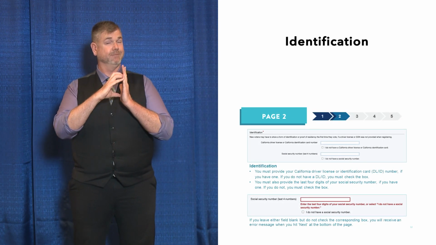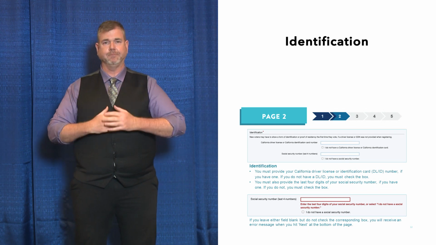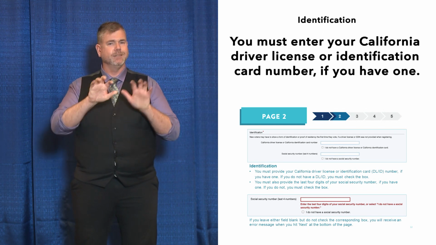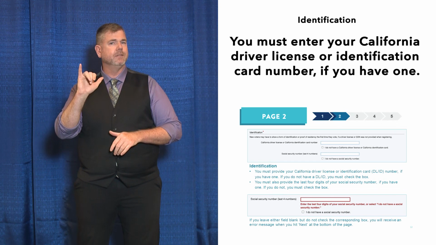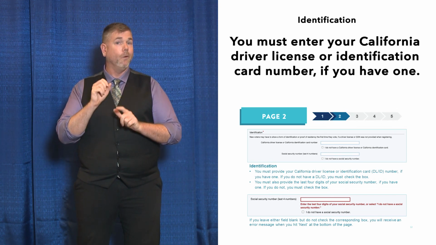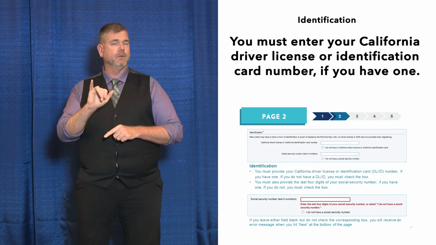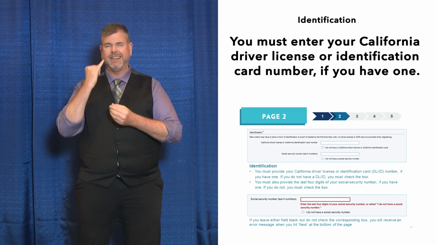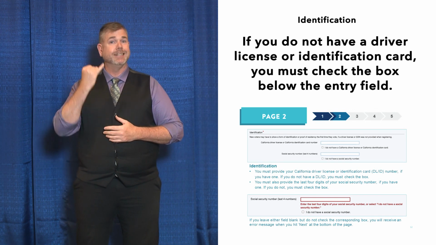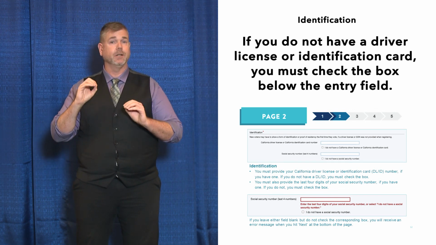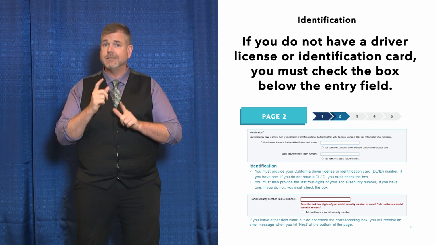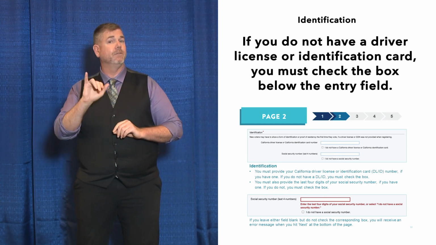Identification. You must enter your California driver's license or identification card number, if you have one. If you do not have a driver's license or identification card number, you must check the box below the entry field.